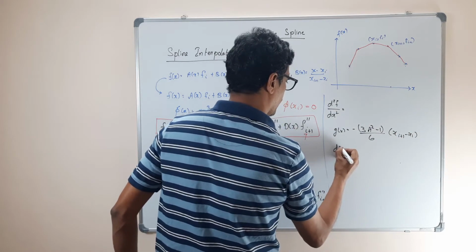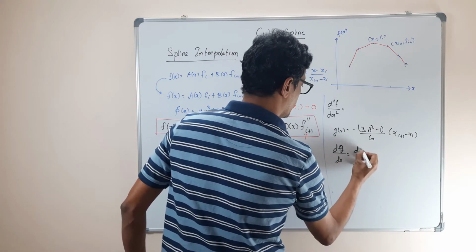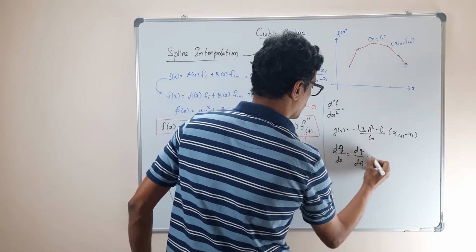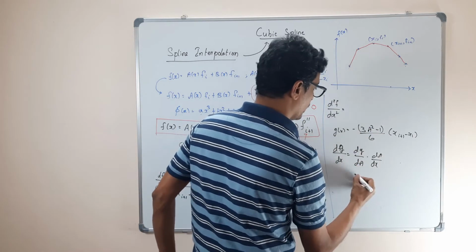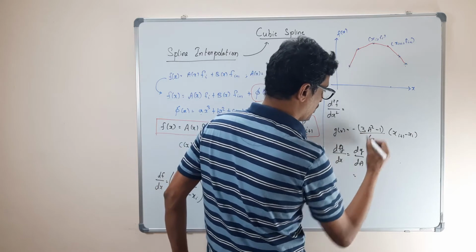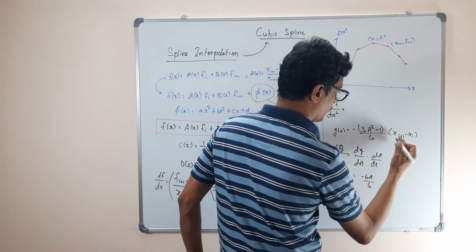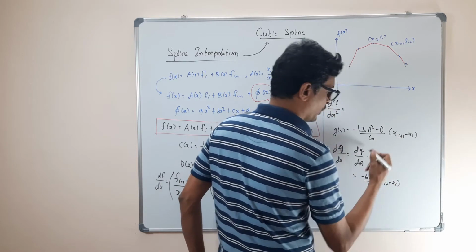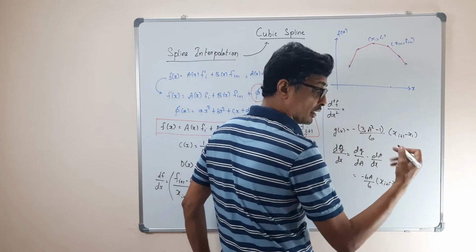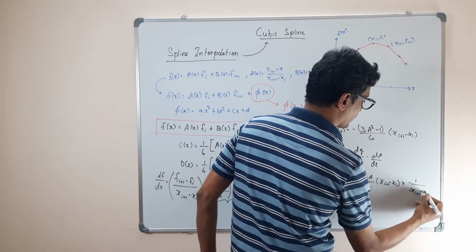If you take dg by dx, that is dg by dA into dA by dx. dg by dA will be nothing but minus 6a by 6, and here it will be xi plus 1 minus xi. If you remember, the dA by dx we got earlier is nothing but minus 1 divided by xi plus 1 minus xi.